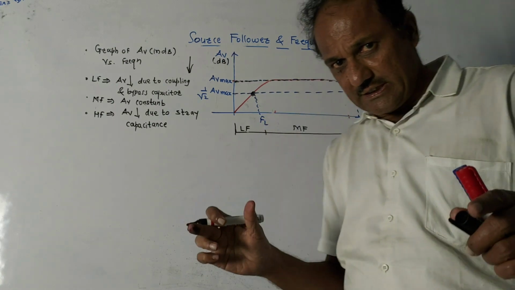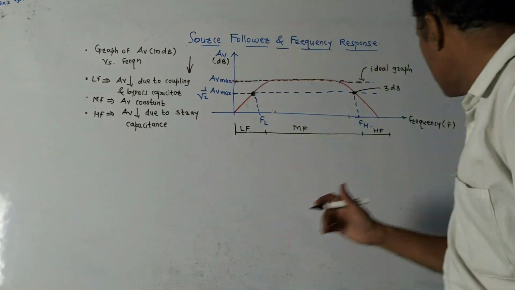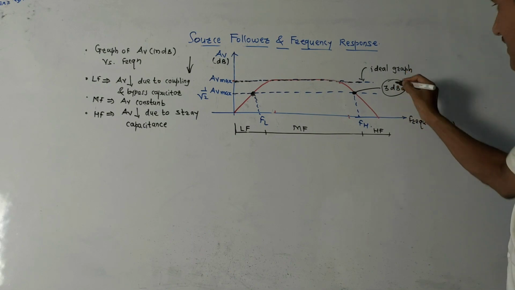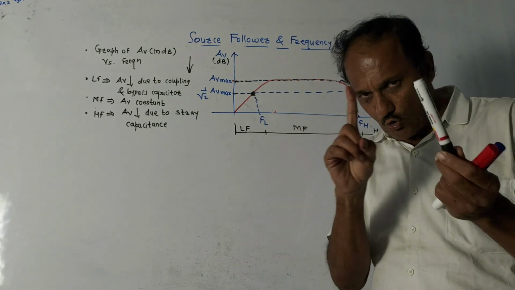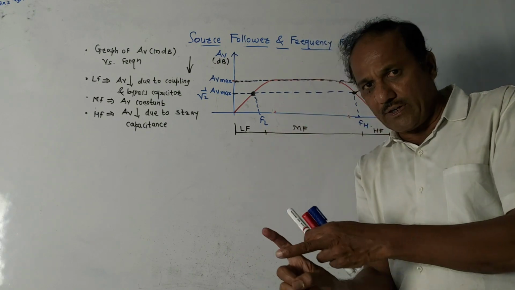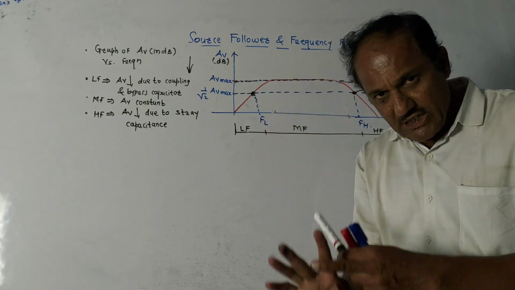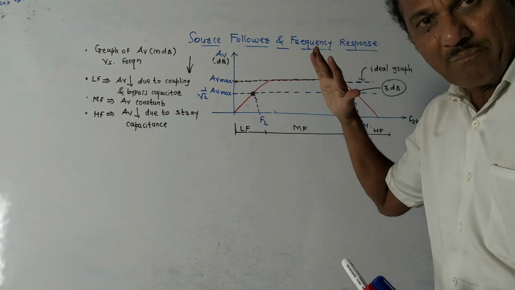These are the frequencies at which voltage gain reduces by 3 dB. So these are also called half power frequencies. FL and FH are the lower and higher half power frequencies at which the voltage gain is reduced by 3 dB compared to its maximum value.